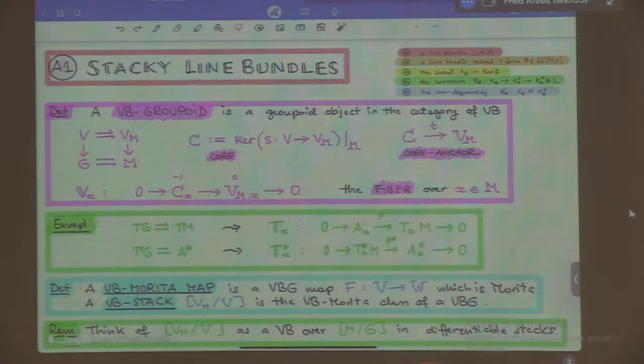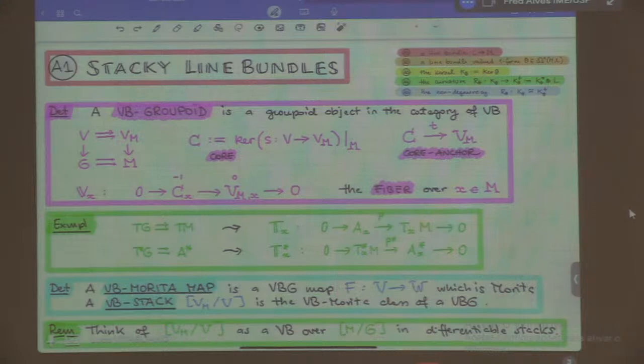Of course, I would like to go stacky, so I would like to make this notion Morita invariant. Well, actually, Morita invariant properties of VB groupoids were studied by del Hoyo and Ortiz. They first defined VB Morita maps. So VB Morita maps are maps of VB groupoids which are additionally Morita.